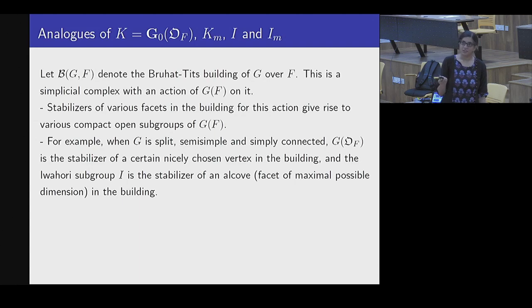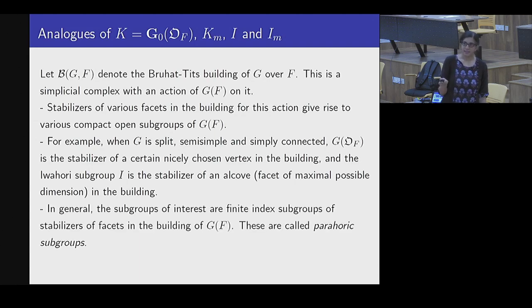And the Iwahori subgroup is the stabilizer of an alcove. More generally, the subgroups that are of interest to us, the special maximal parahoric and the m-th Moy-Prasad filtration, all arise as finite index subgroups of the stabilizers of facets in the Bruhat-Tits building of G(F). These finite index subgroups are what are called parahoric subgroups.